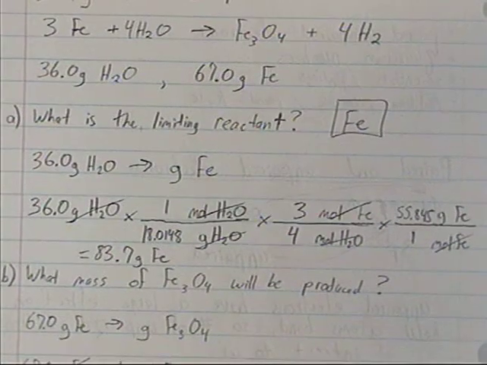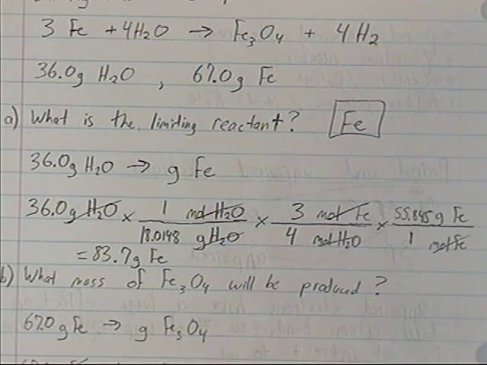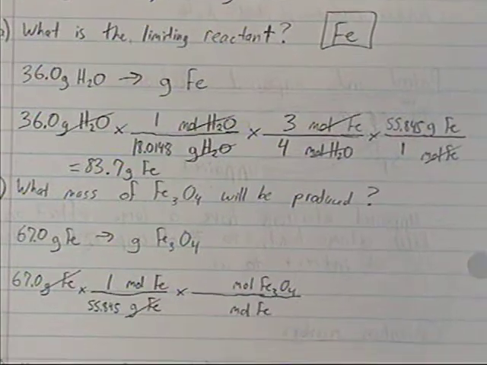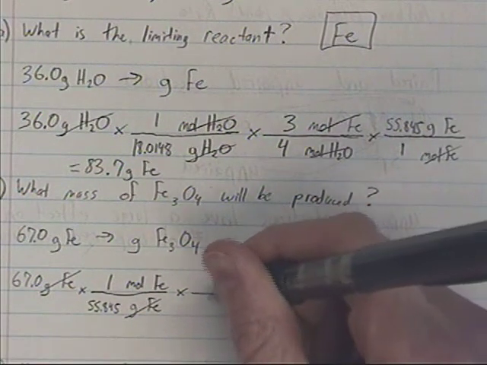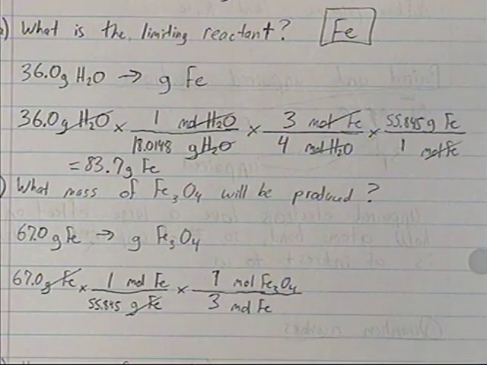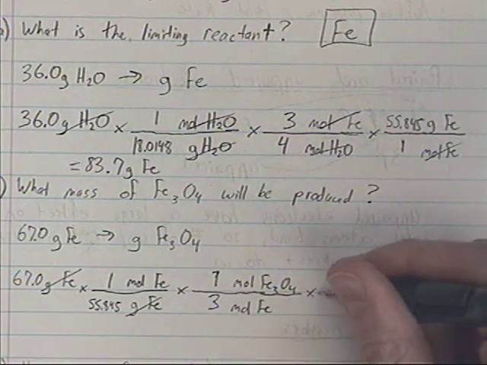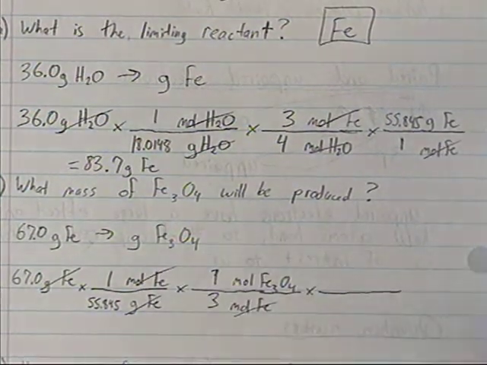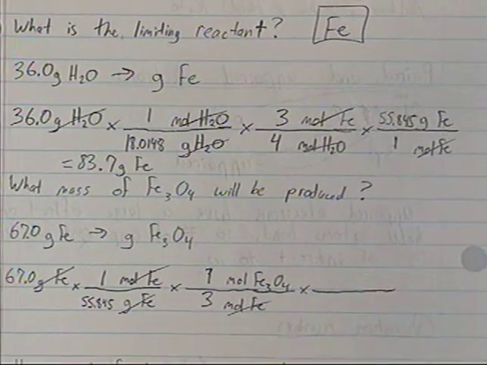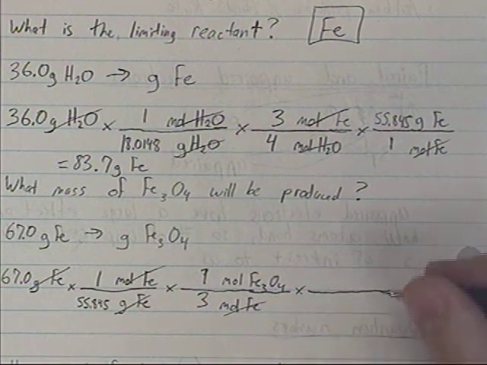From the balanced equation, I can see that for every 3 irons I have, I get 1 iron oxide. So 1 mole of iron oxide to 3 moles of iron. Times, let's see, my moles of iron cancel. I want to get from moles now to grams of Fe3O4.